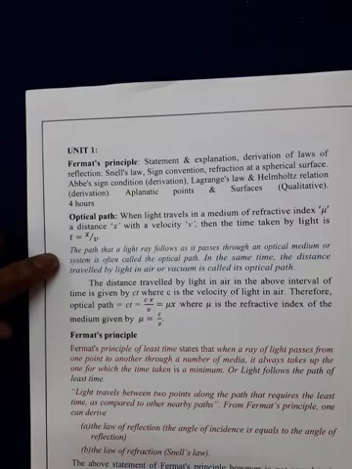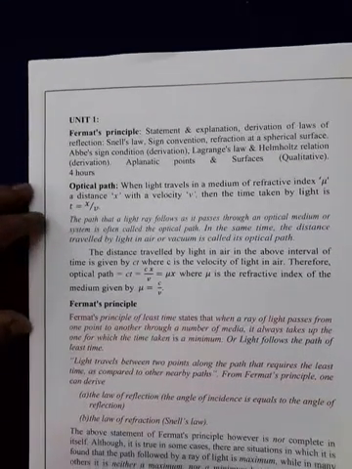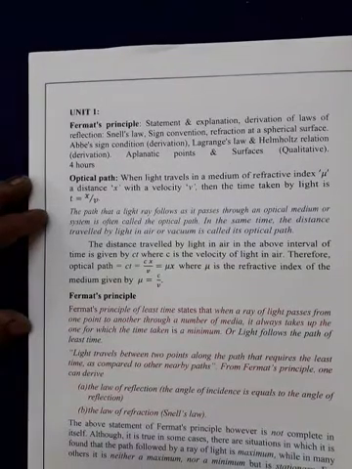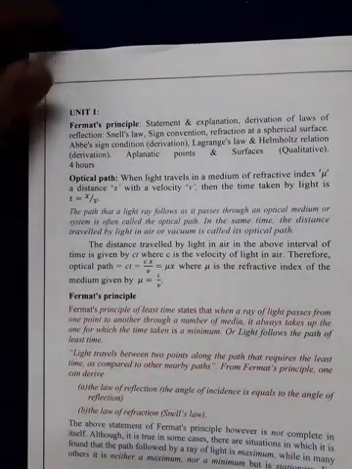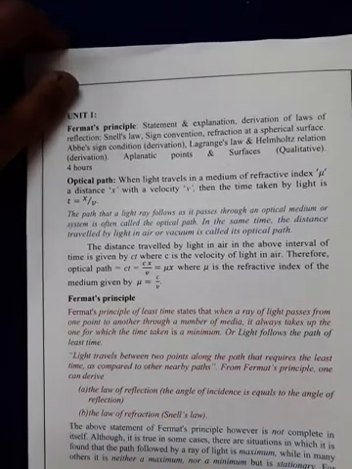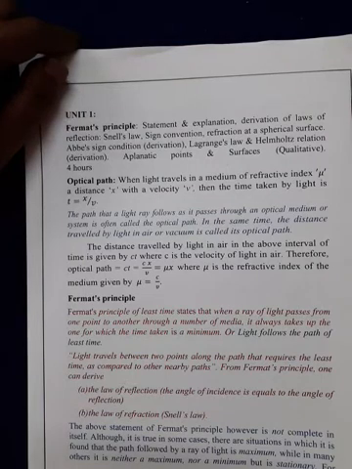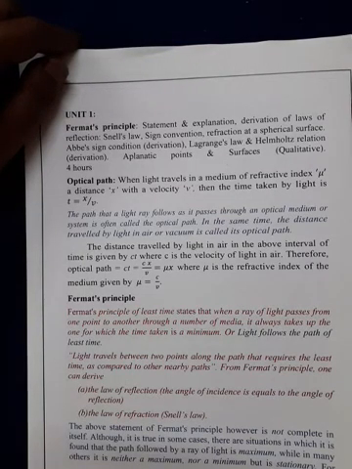Now the Fermat's principle. Fermat's principle of least time states that when a ray of light passes from one point to another through a number of media, it always takes the one for which the time taken is minimum.